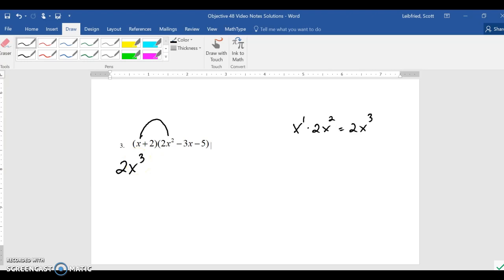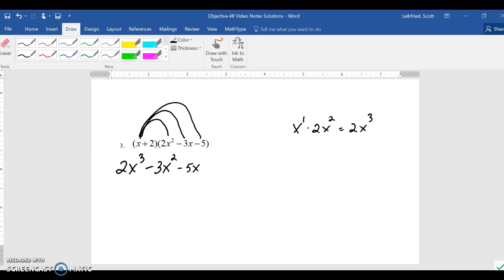Now we take x times negative 3x. That's negative 3x squared. And then we take x times negative 5. That's negative 5x. I highly recommend drawing the lines as you go that I'm drawing because it helps you keep track of what you have and have not done.